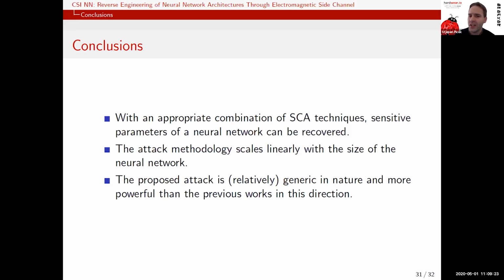What's very nice, this will actually scale linearly to the size of the neural network. So the bigger the network, the more effort, but only linearly more. And finally, this is maybe the first ever generic attack in nature, and actually more powerful because of that than previous attacks that went in this direction.